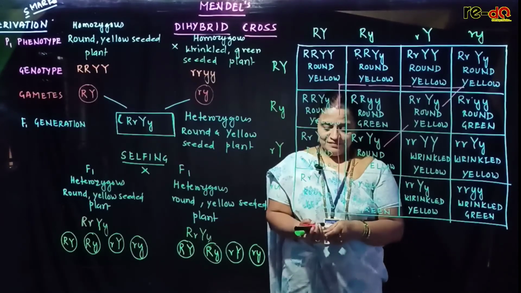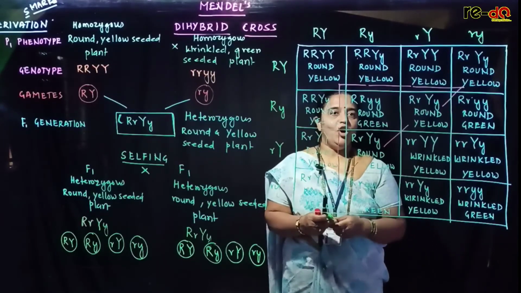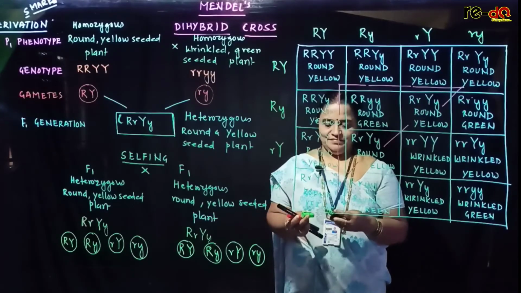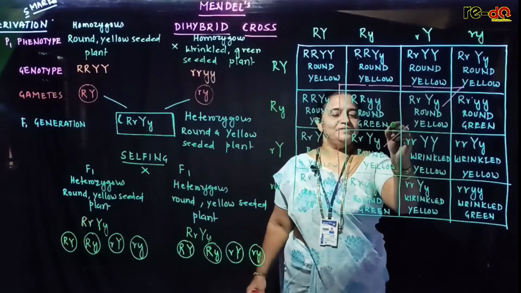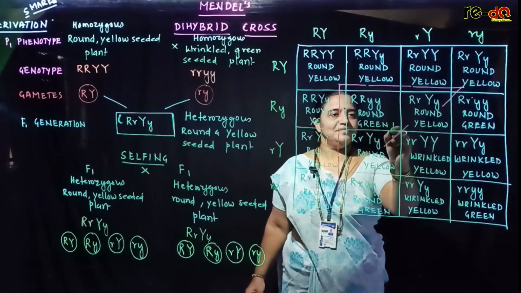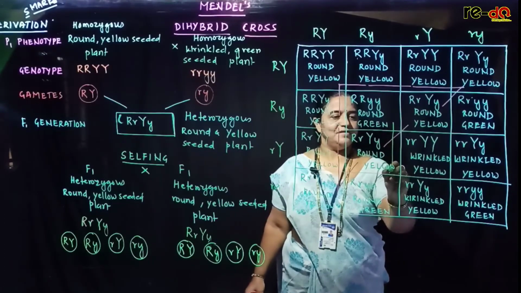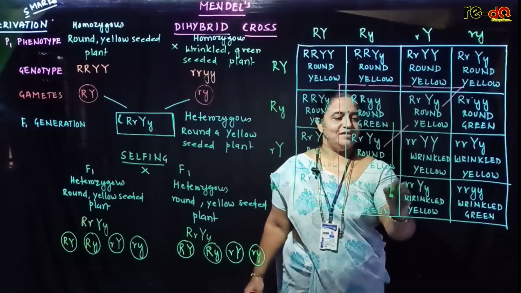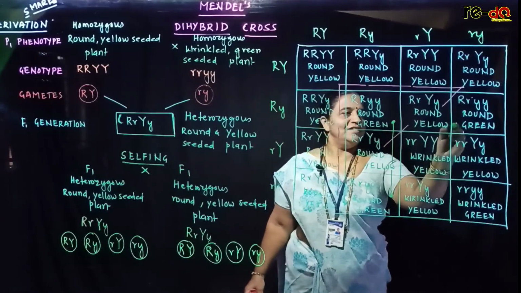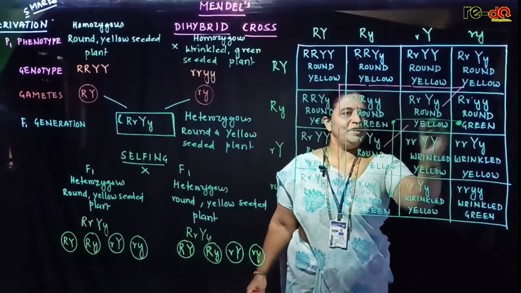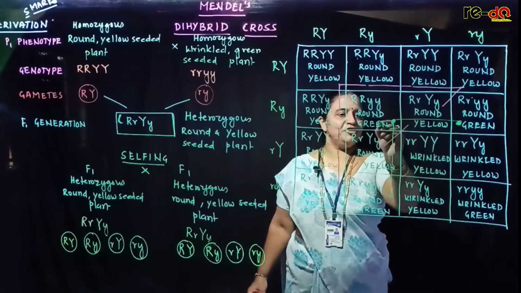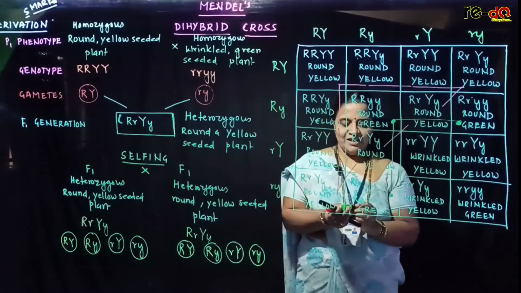Now see here. How many are round green? This is round green. Round green. This is round green. So how many you have to see these rounds? 1, 2, 3 are round green.